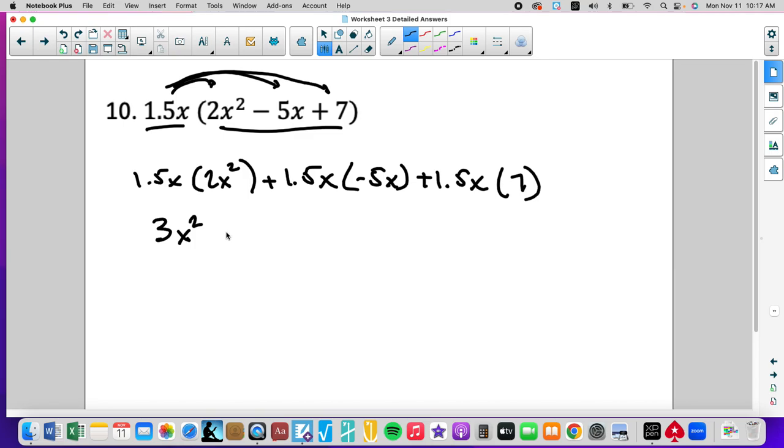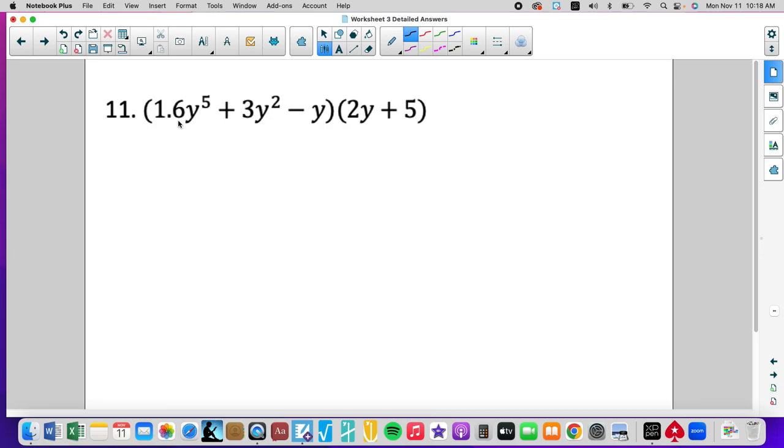This is going to be minus 7.5x. Oh, excuse me, that's to the third. To the third, x times x squared is x to the third, x times x is x squared, and then plus 10.5x. It doesn't look like a very good 10.5. 10.5x. Yep, that's good. Those are not like terms, so we distributed that.